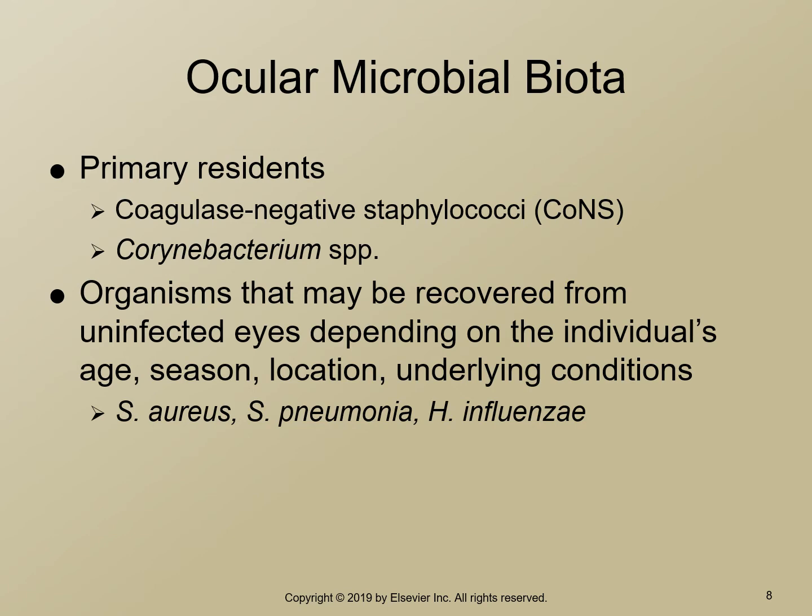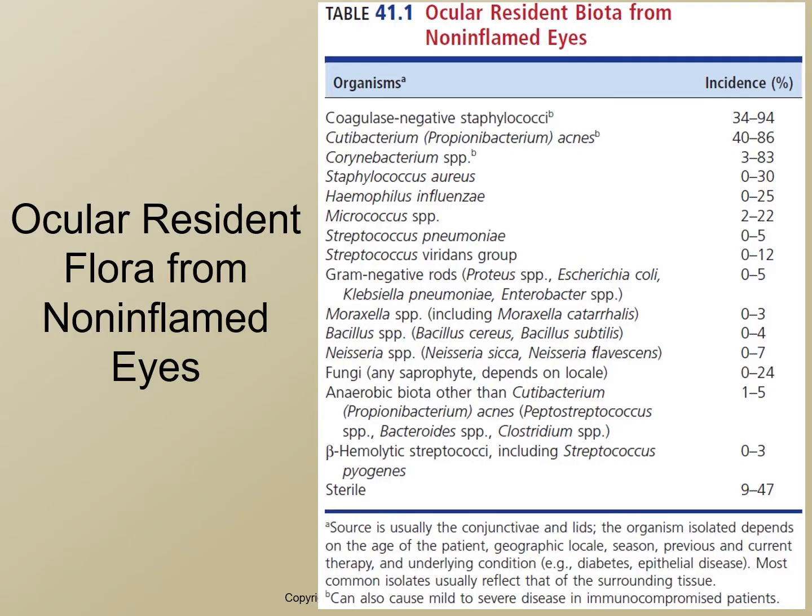The presence of some of these organisms on the conjunctiva and eyelids acts as a protective mechanism, inhibiting the invasion and colonization by more harmful bacteria or organisms. Table 41.1 from the textbook gives a summary of the ocular normal biota from non-inflamed eyes.